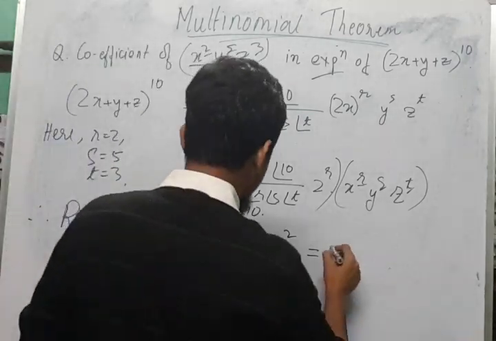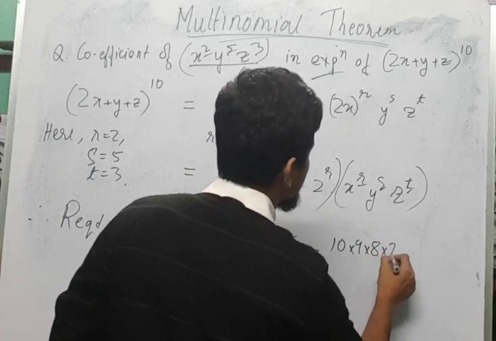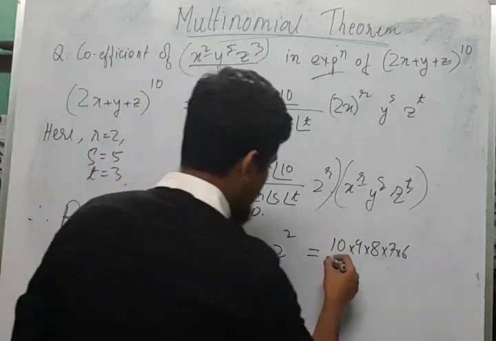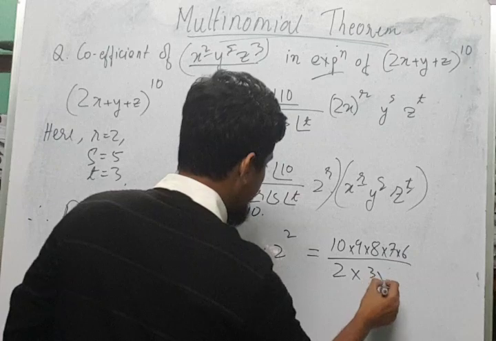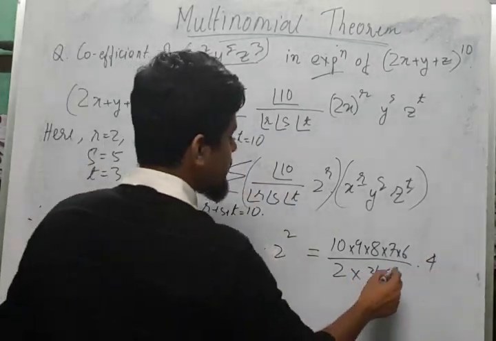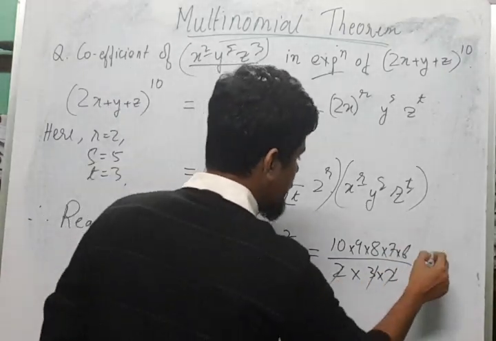So this will be equal to 10 into 9 into 8 into 7 into 6. The 5 factorial cancels out on both top and bottom, and this will be 2 into 3 into 2, and we have 4 over here. So the 3 and 2, that is 6, cancels out, and then we have 2 and this will cancel out.